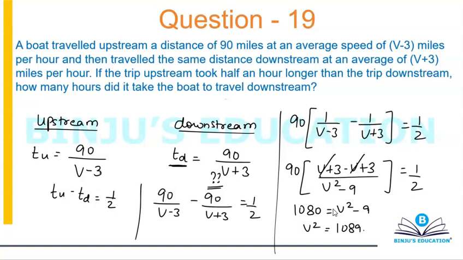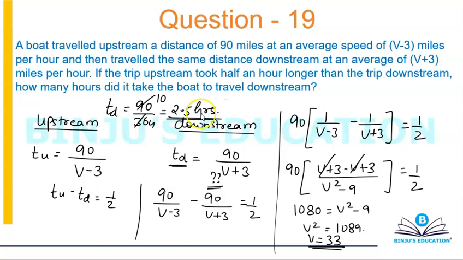So we can simply say that v is equal to 33. Now put that value of v here. So time taken in going downstream is equal to 90 divided by 36. So that is 2.5 hours. That's your answer.